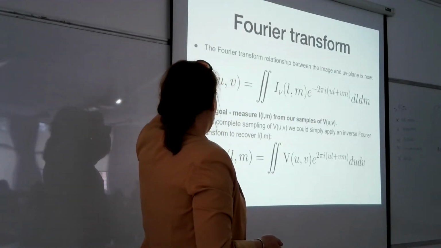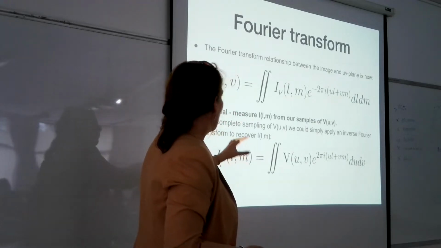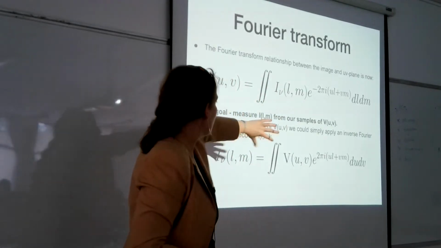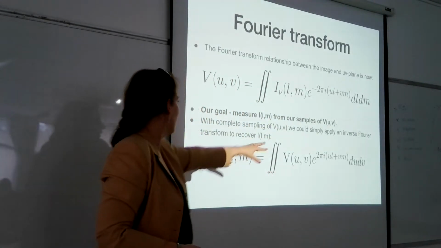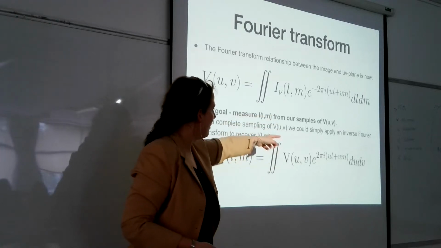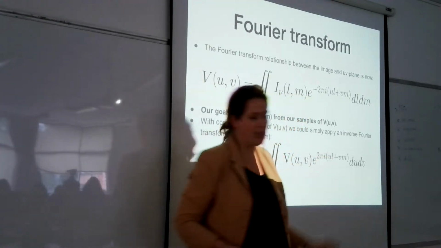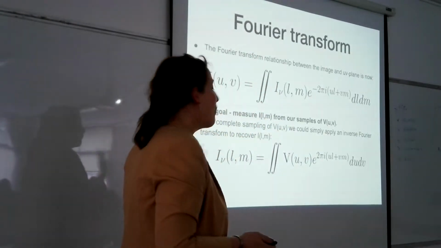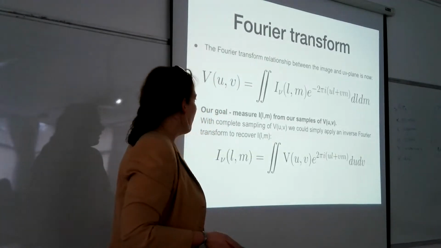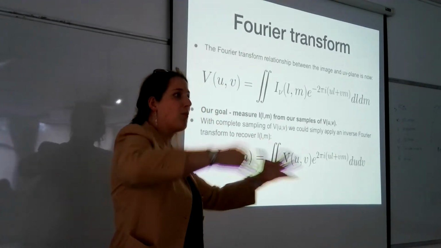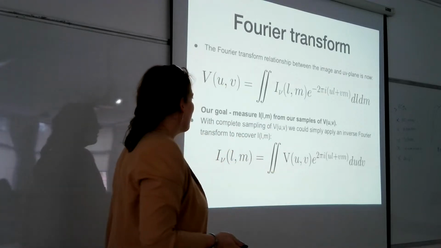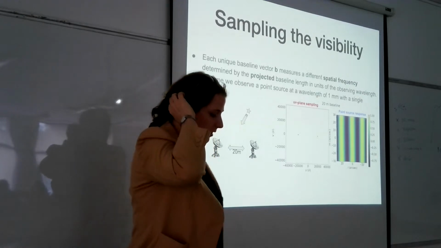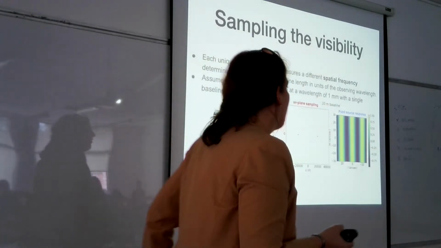And if you had a complete sampling of the visibility, so if you measure all the possible combinations of U and V, you can simply inverse Fourier transform that. Then the opposite is just a minus sign. That's the only difference. It's a mathematical operation, but this is only for perfect sampling. In practice, of course, you never have perfect sampling because you just have a number of antennas and a number of fixed points where you take your measurements, and that's going to affect finally in the end the quality of the image.